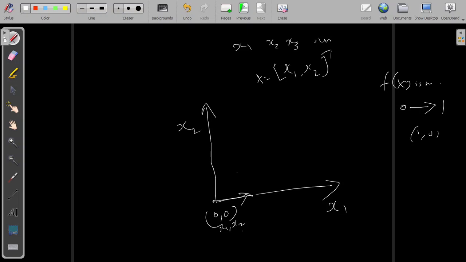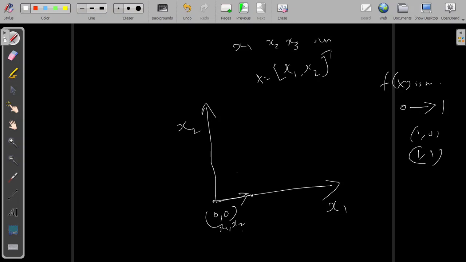Now in the next step, we fix this x1. We are fixing 1 as it is and varying x2. Suppose x2 is varied from 0 to 1.